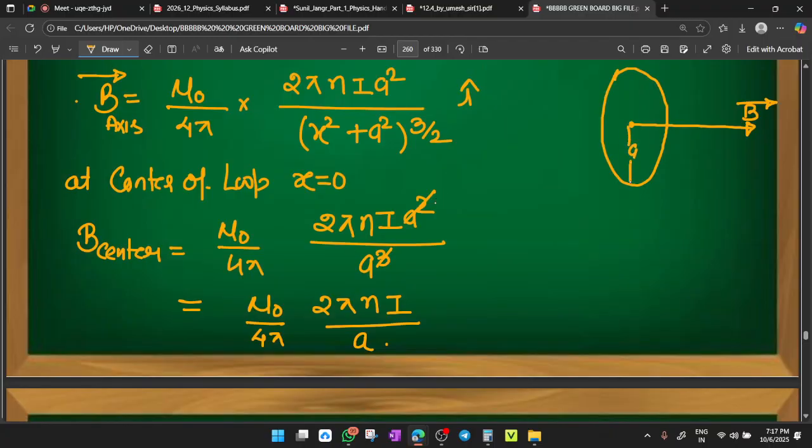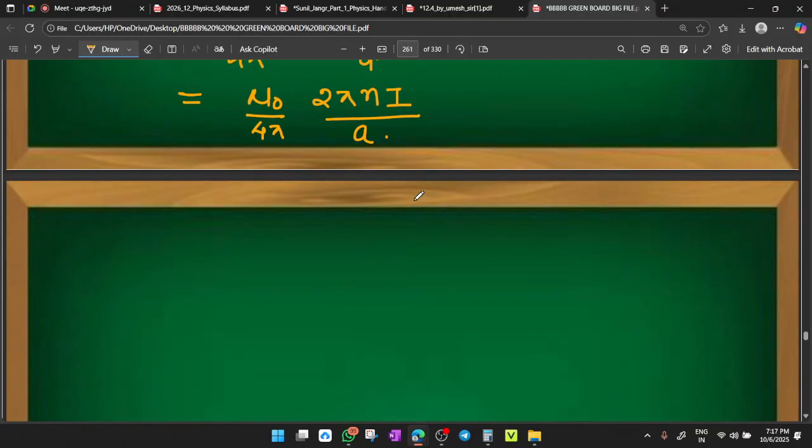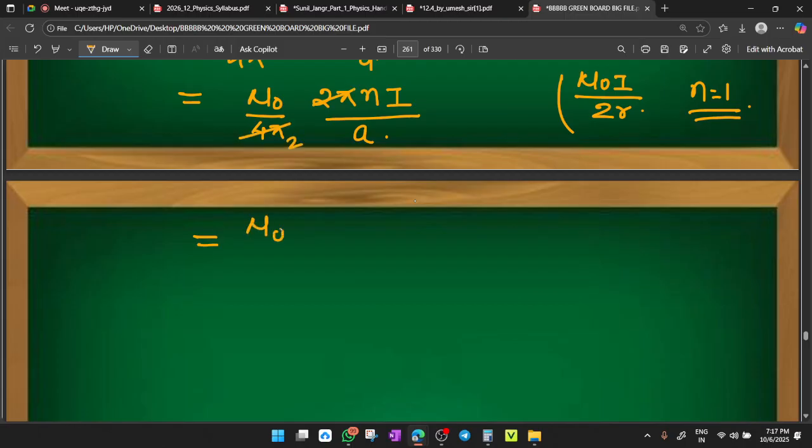In our previous derivation, when we directly derived the circular loop, we got the formula mu naught I upon 2r. There n equals 1, as we derived it only for one turn. If you simplify further, 2 pi and 4 pi cancel to give 2 times, so mu naught n I upon 2a. For a equals r, if you consider r in place of a, your result will be mu naught n I upon 2r.